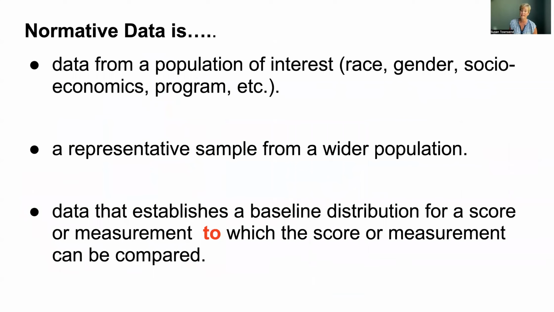Normative data is data from a population of interest. So you may be focusing on race, gender, socioeconomics, programming, etc. It gives us a representative sample from a wider population. Normative data establishes a baseline distribution for a score or measurement to which the score or measurement can be compared.